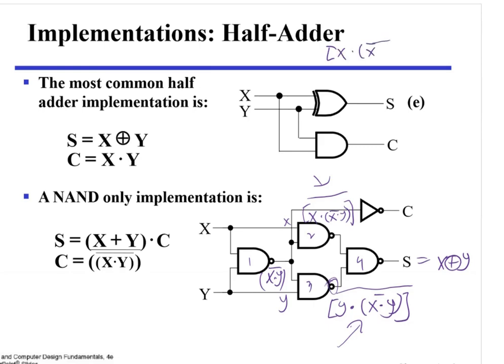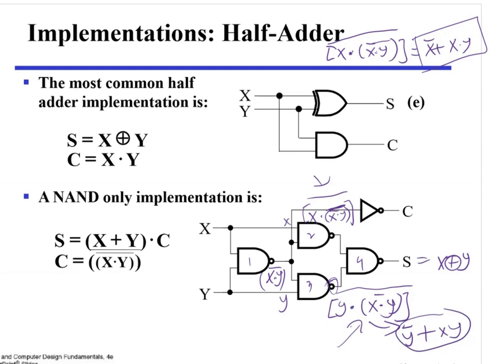If you apply De Morgan's here, x complement, the sign changes to OR, and then we have x and y double complement, so we will have just x and y. So after applying De Morgan's, similarly here, if you apply De Morgan's, we will have y complement OR x and y, right?